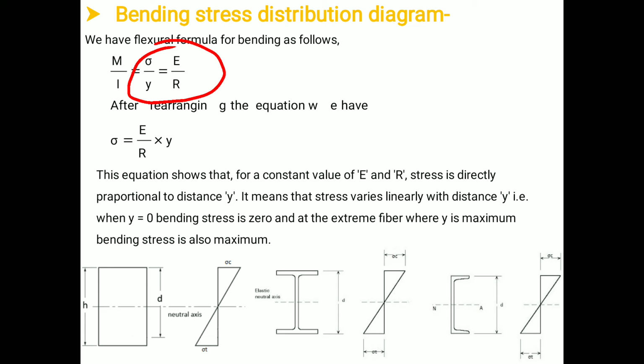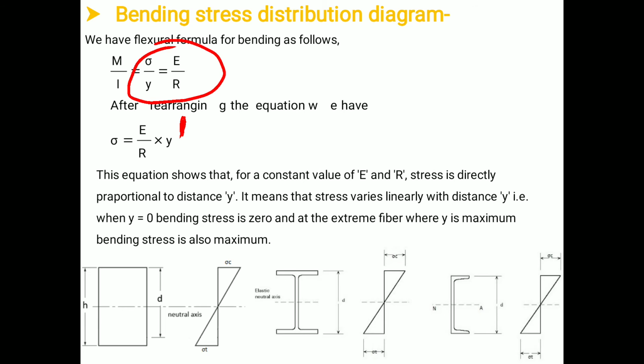Remember that the power of y is 1. It means that the variation of sigma with respect to y is linear.